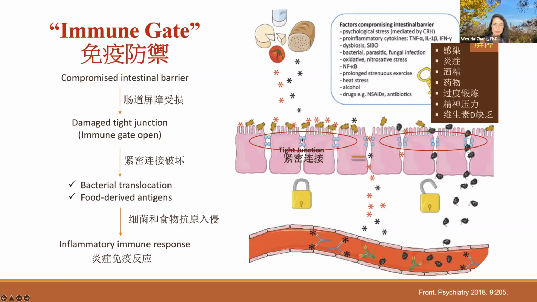When the tight junction is damaged, pathogens and food particles that are not completely digested can leak into the blood circulation and may trigger inflammatory immune responses that would result in many different types of chronic diseases.